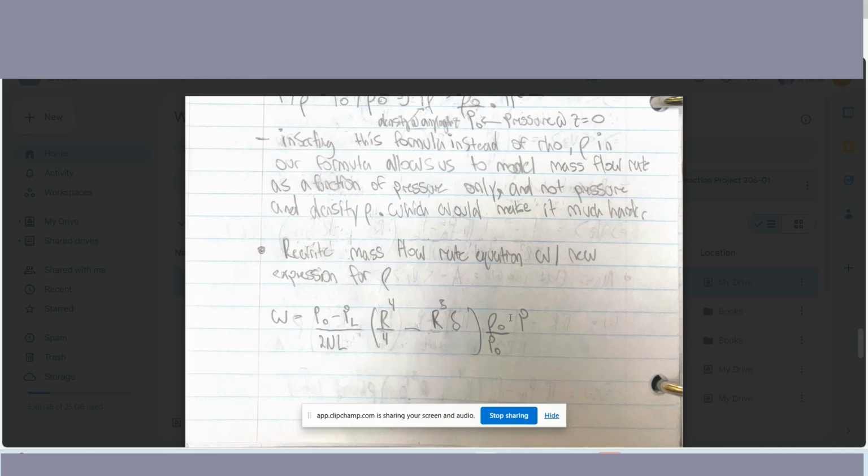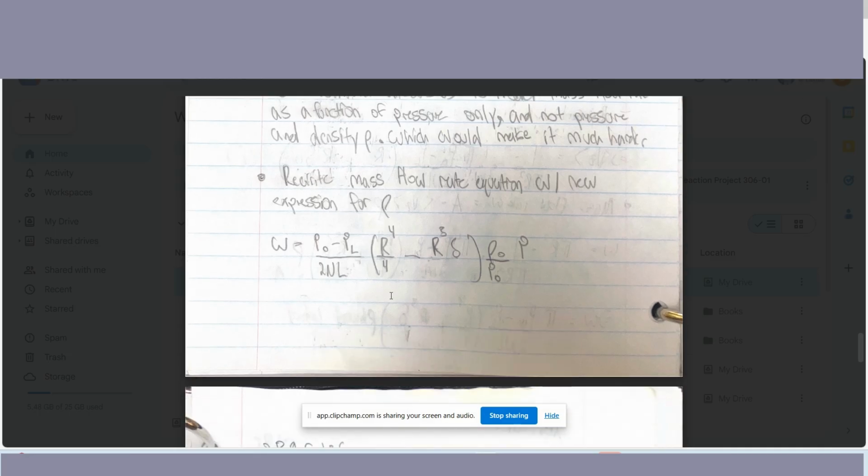And now, since pressure at different values is a pretty normal parameter to ask for, we can expect to know those values.